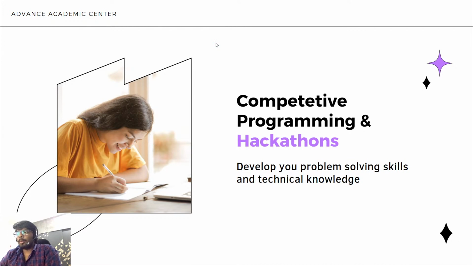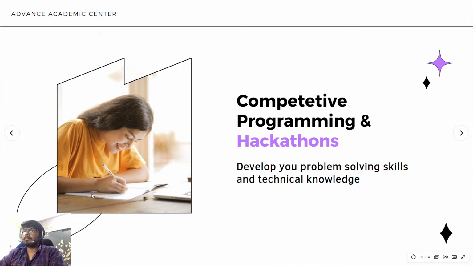Hackathons are competitions where people give you some type of problem statements, and you should solve them. Suppose I give you a problem statement: develop me an advanced IoT system which I can put in a smart city. Then you should develop the whole IoT system in the hackathon. So hackathons are about solving problems.